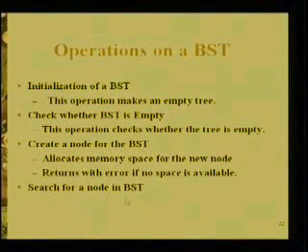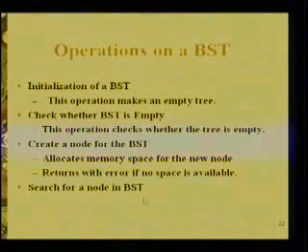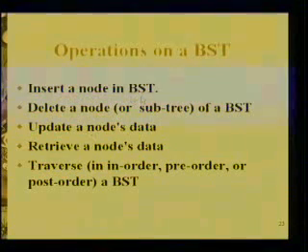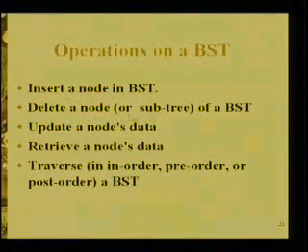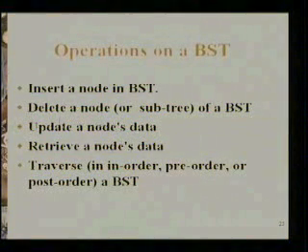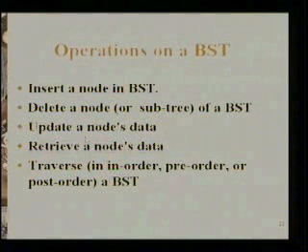Then you have searching for a node, searching for a particular key value in a binary search tree and finding whether something exists or not. Insert a node into a BST, delete a node or subtree of a BST, update a node's data. Now this is a typical operation. If you want to update a node's data, that may change the location of that particular node in the tree.